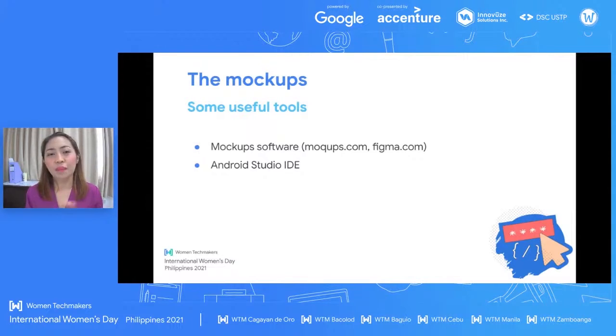Even if you don't have programming experience, you can just drag and drop elements. If you want text fields, buttons, then you will have the mock-ups of your site. There's no real functionality yet, but it's still good to preview your app on the phone, on the device. Okay.